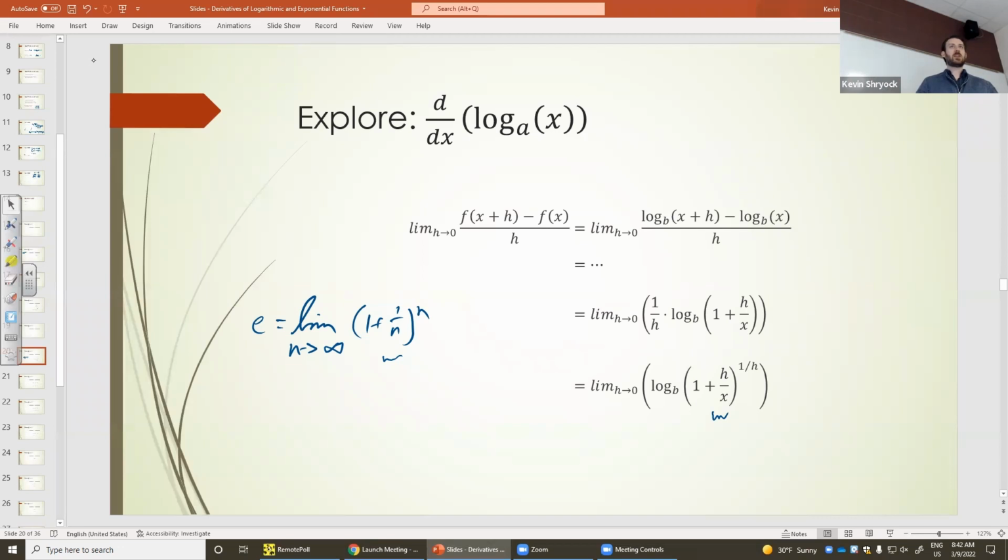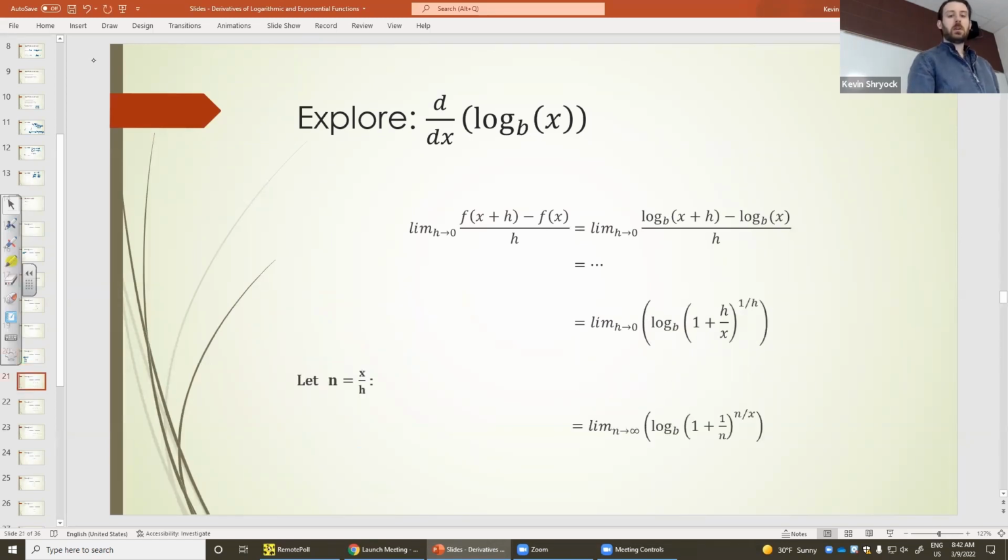We just need to find a way of making that be straightforward. So what we can do is say, let's let 1 over n be the fraction I want h over x to look like. And so a little bit of rearranging here is going to say that n is x over h. I'm going to essentially relabel everything so that it starts to more closely resemble e.